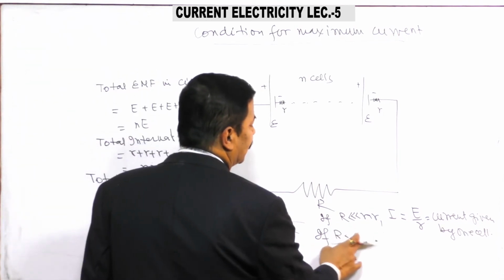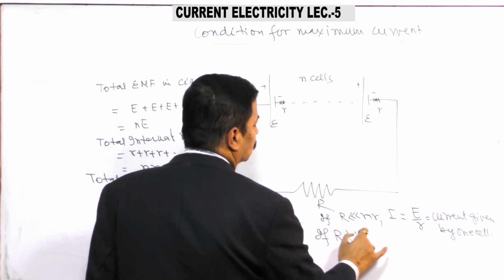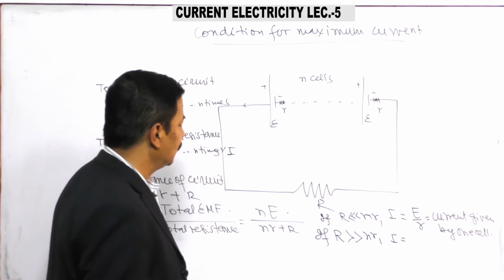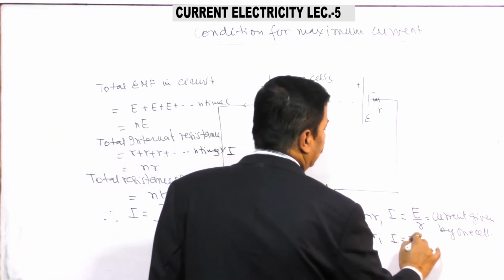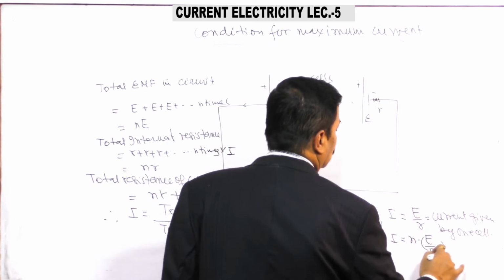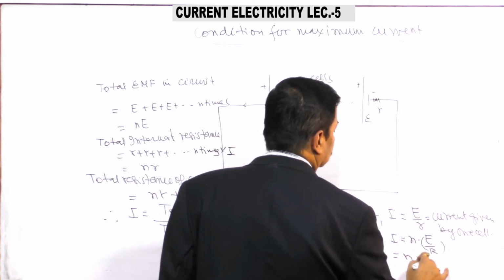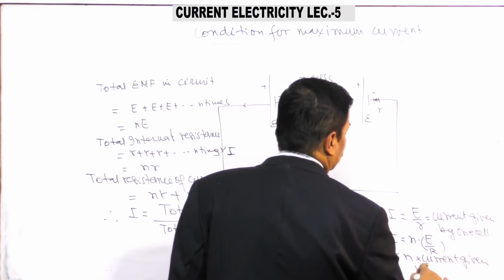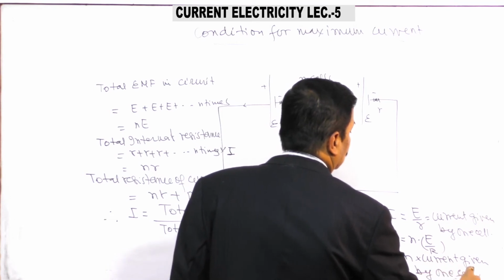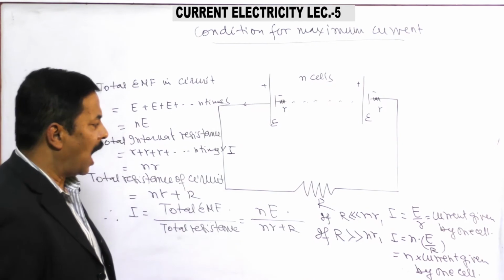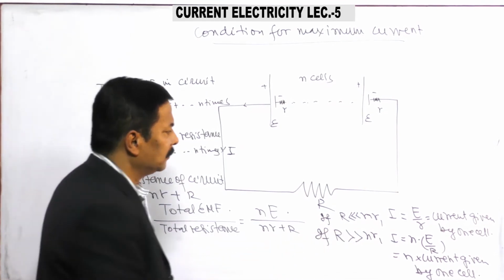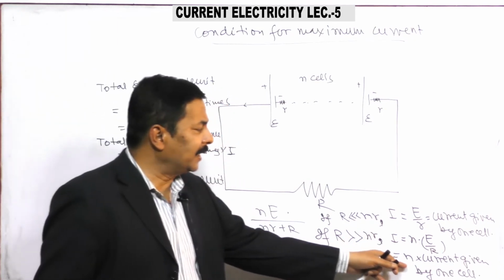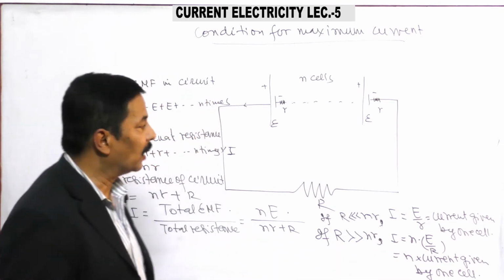And if R is greater than nr, I is equal to, we will neglect nr, and we are getting n times the current given by one cell.